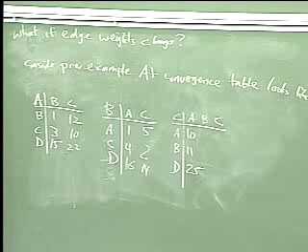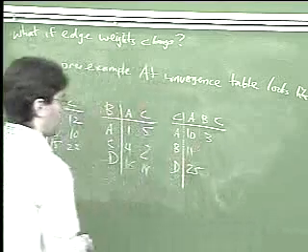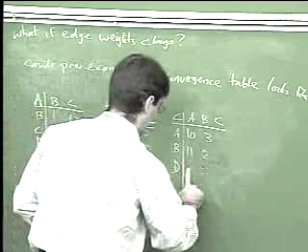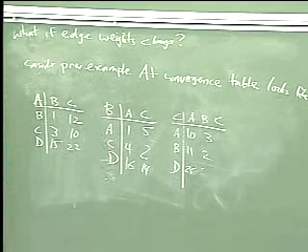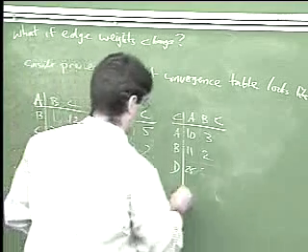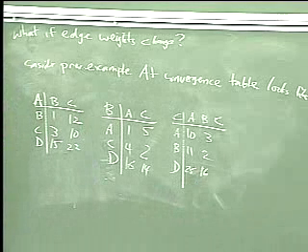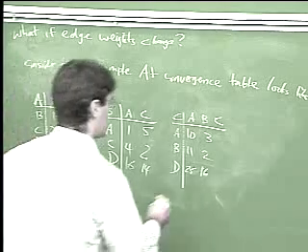For B, to get to A going through B is going to be 2, 3. To get to B going through B is going to be 2. And to get to D going through B is 2, 4, 16. And A through C, to get to A through C is going to be 10.